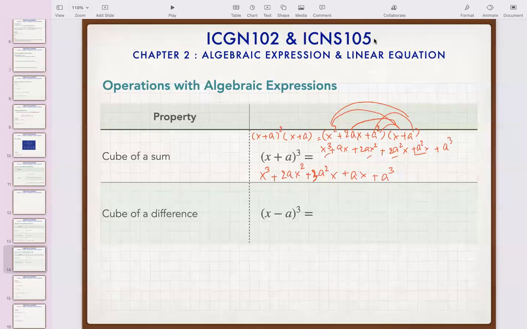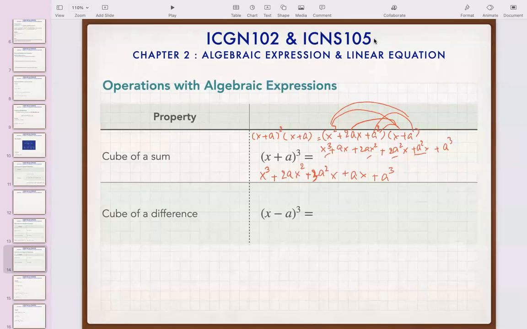Now, the cube of a difference. If you cannot remember the formula, you can just multiply it out by yourself like this, so that you get the same answer. But some people remember the formula so that they can use it directly for other purposes.